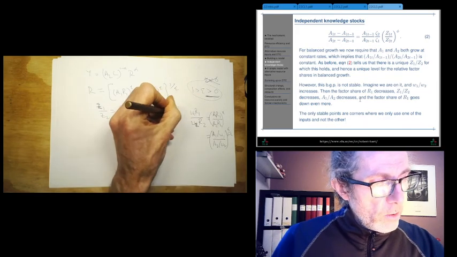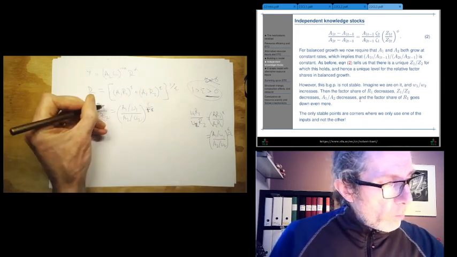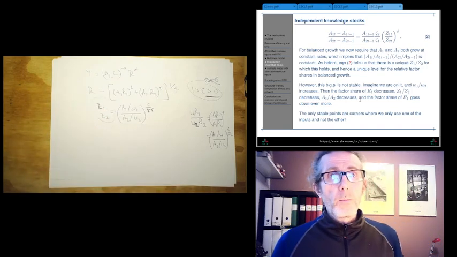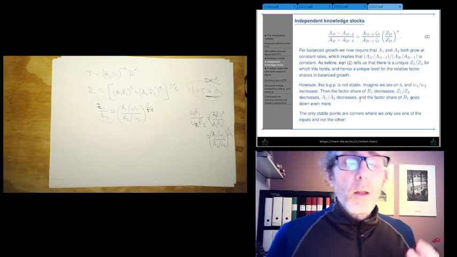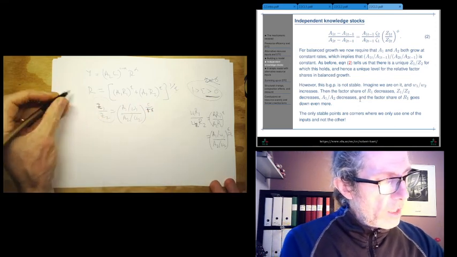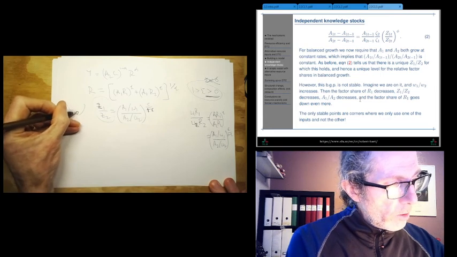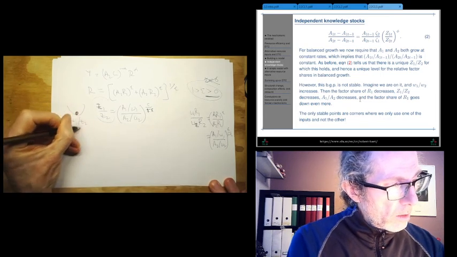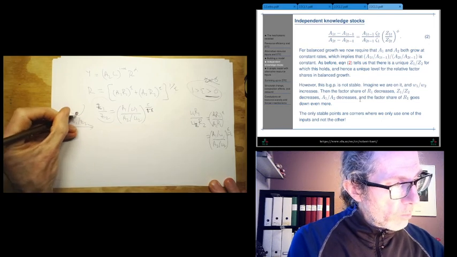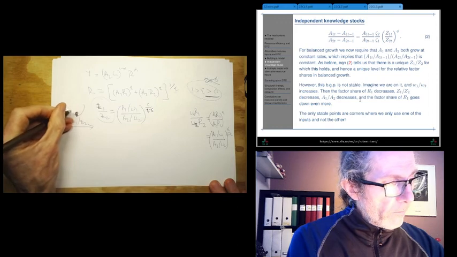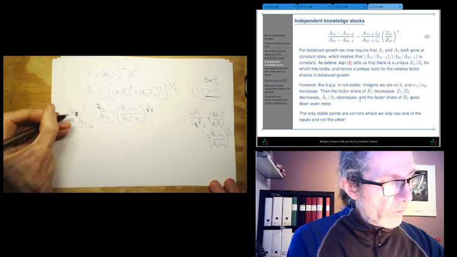Then there's a unique value for Z1 over Z2 that will give us balanced growth. And in the previous case, we could show that that unique value was stable, that the economy tended towards it. If we move away from it, we tend to head back towards it.